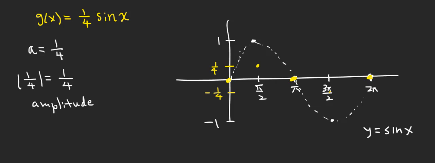So this graph right here is g of x equals 1/4 sine of x. Now, of course, the graph continues, but we just wanted to graph one cycle. And graphing one cycle is good enough.